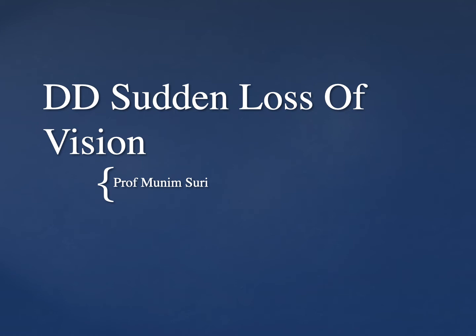Another common cause of sudden loss of vision, although the vision is not greatly reduced in these patients, occurs usually in type A personality men of middle age, in whom there is a sudden loss of vision.